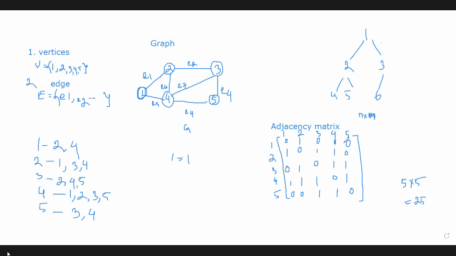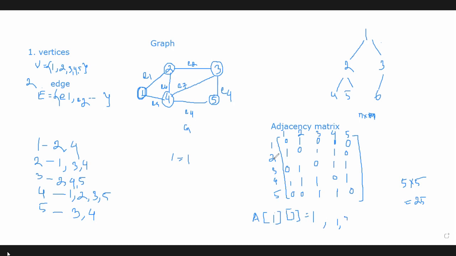So this is our adjacency matrix representation of the graph. Okay, from this matrix we can say that if A is the name of this matrix and if I is the row value and J is the column value, then if Aij equals 1, we can say that I and J are adjacent nodes.